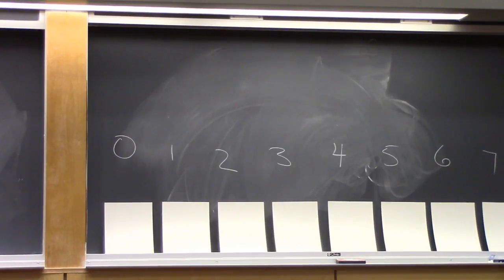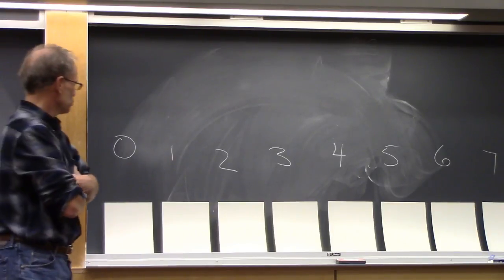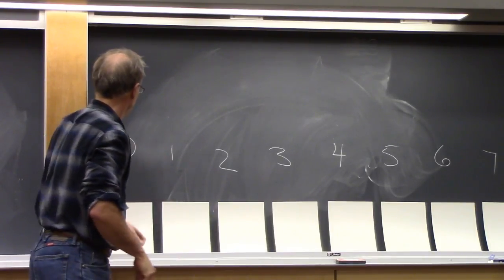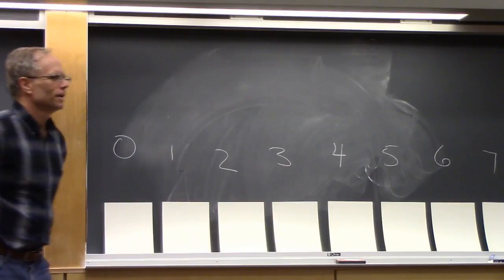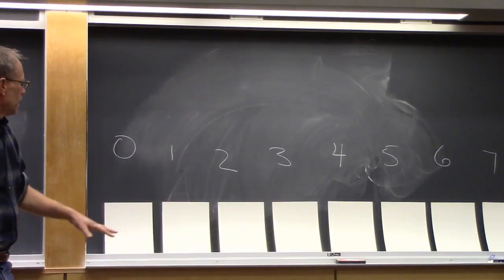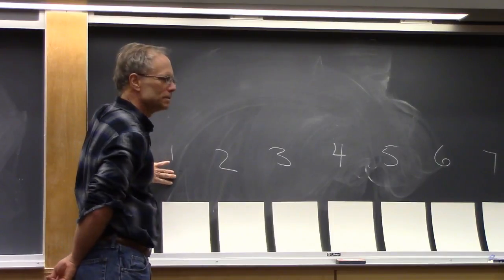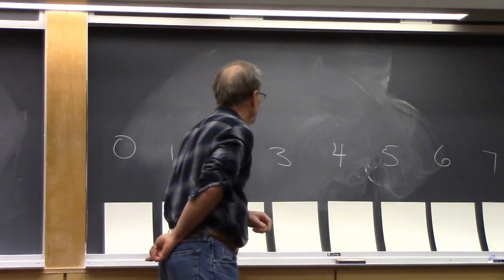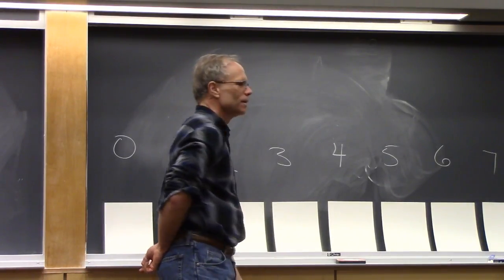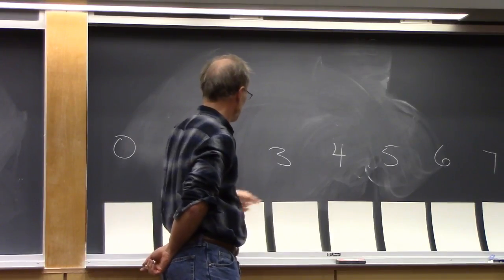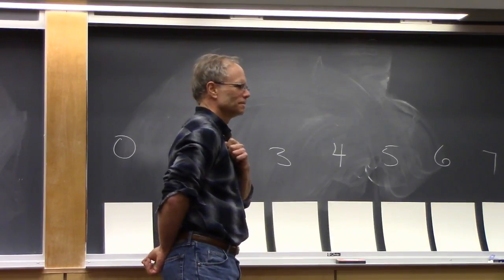First, check whether 0 or 1 is larger. Well, I'll tell you which is smaller. So of these two here, this one's smaller. Okay, 2 and 3. Okay, so you compared the first two. 2 is smaller than 3.